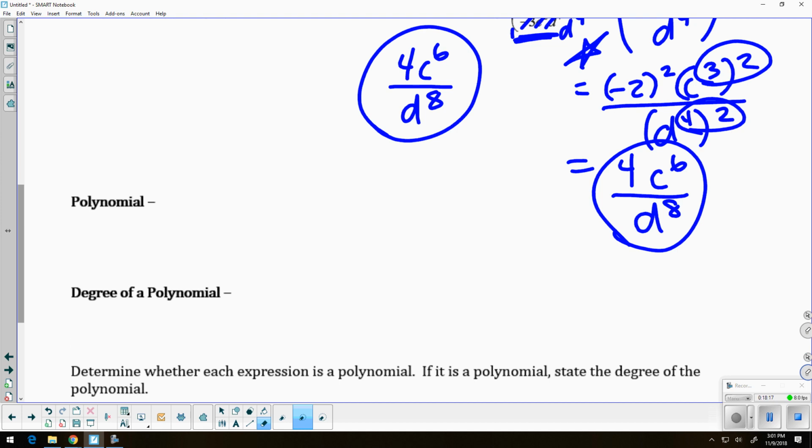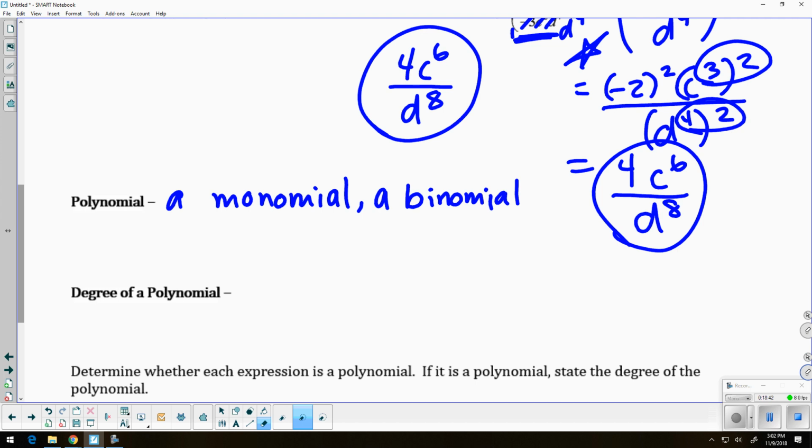So now moving on to polynomials. A polynomial can be one of 4 things. It could be just a monomial, so a monomial technically is a polynomial. A number by itself, a variable by itself, or even something like 5x, a product of the two, that's technically a polynomial. A binomial is technically a polynomial.